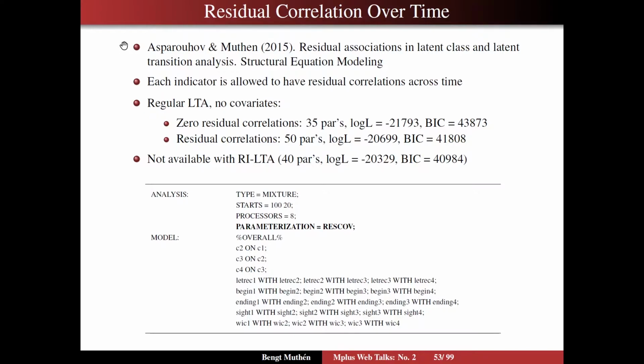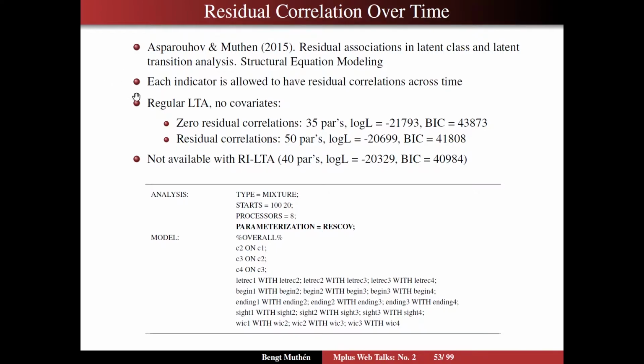The idea is that each indicator is allowed to have a residual correlation across time, and by allowing that in LTA, you are in effect able to perhaps find a better maximum for a given number of classes that you would otherwise not find.